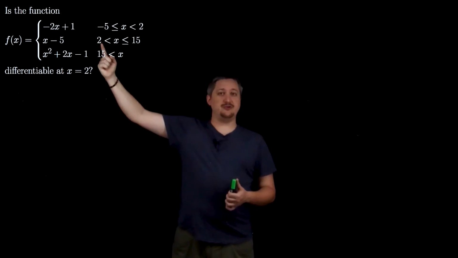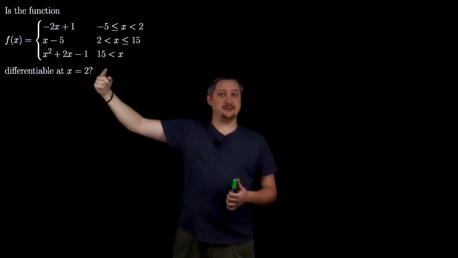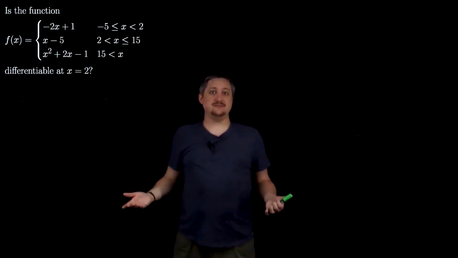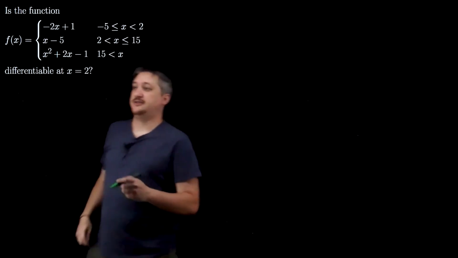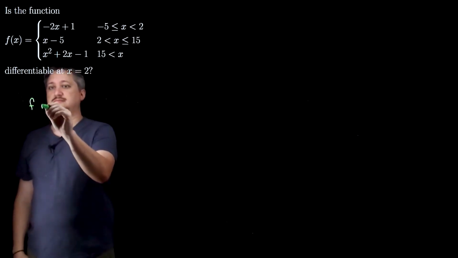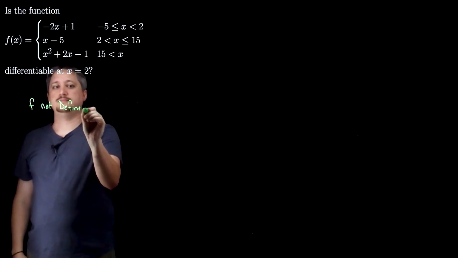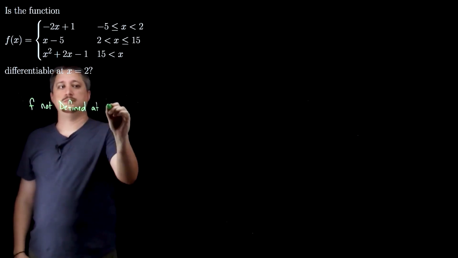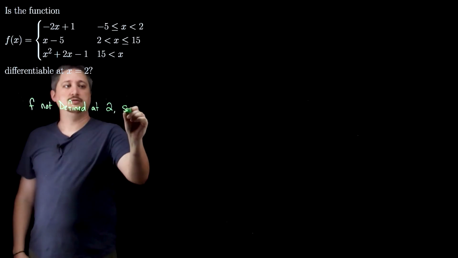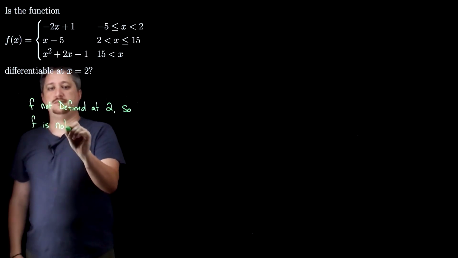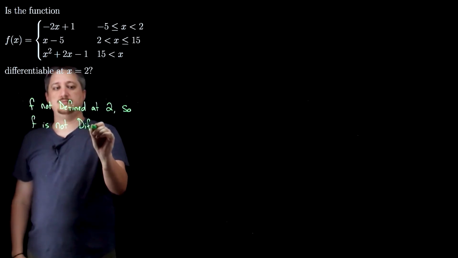But then we also have 2 less than x, so it's not there, and it's not in the other pieces, so f is not defined at 2. So f is not differentiable at 2.